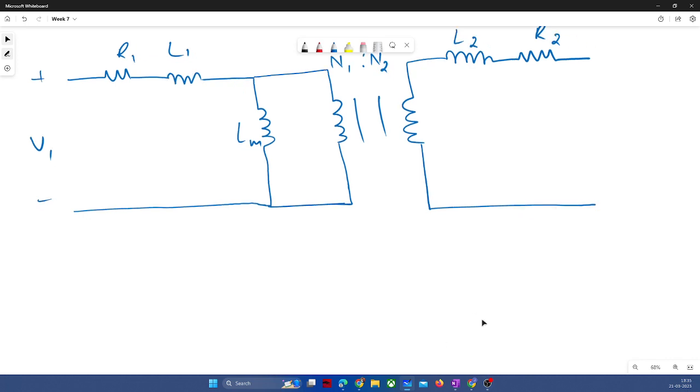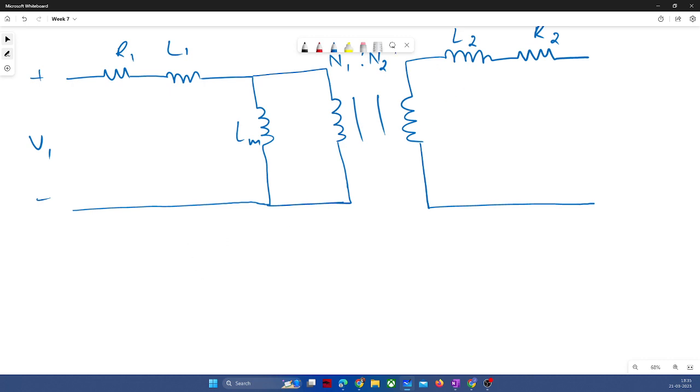Now we will have to take an equivalent referred to some side, right? So let us suppose we are referring this secondary to primary. To the side where we are referring, we will multiply.